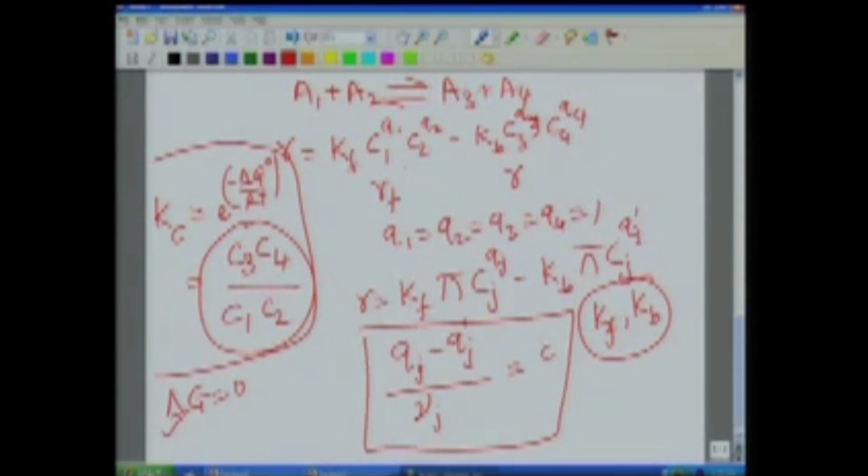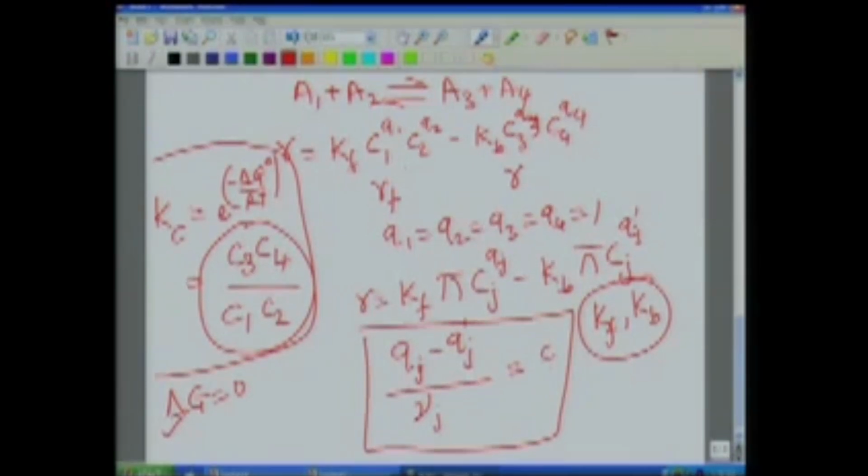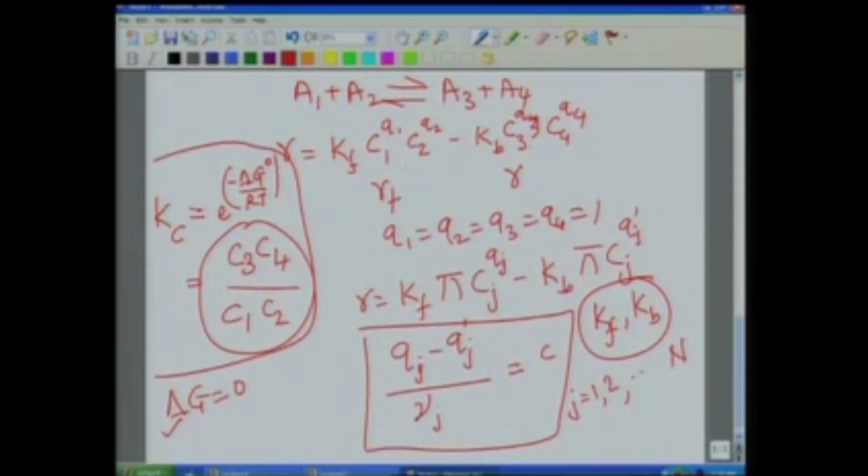There is a restriction that Qj minus Qj prime divided by the stoichiometric coefficient nu j has to be some non-zero constant. 0 would not mean anything. So, it can be 1, minus 1, half, minus half, whatever you want, but as long as it is the same for all species, that is for species 1, 2 up to all n species, as long as this ratio is constant, we are not violating thermodynamic consistency.